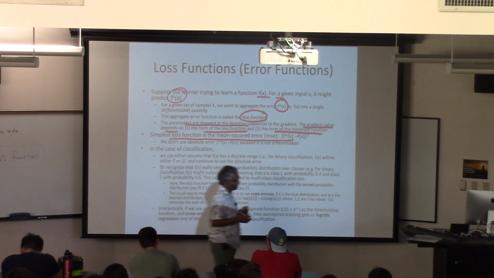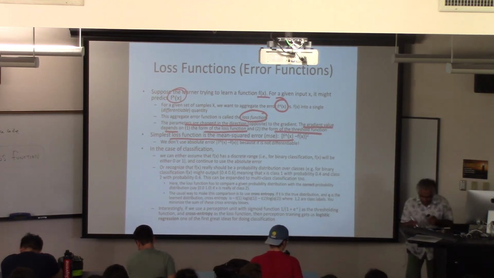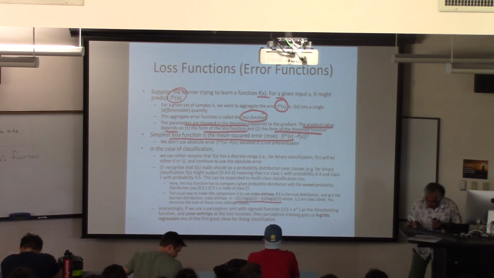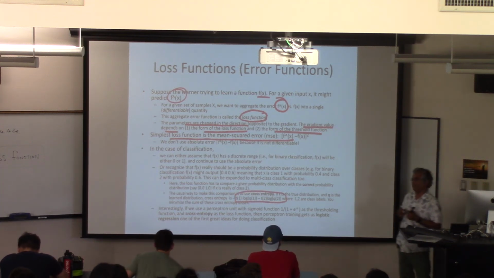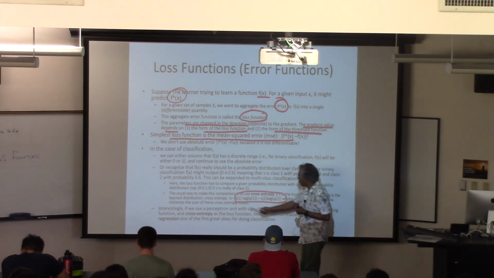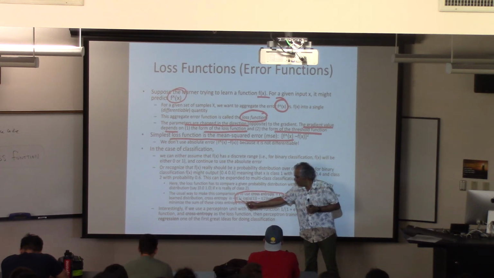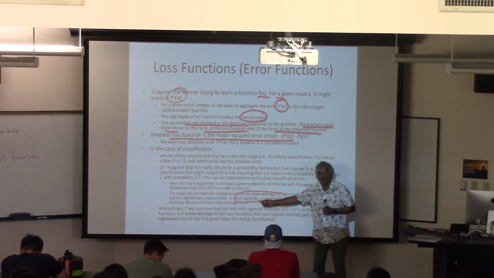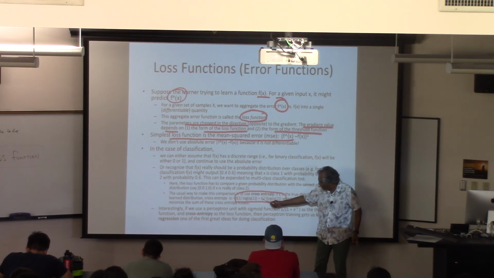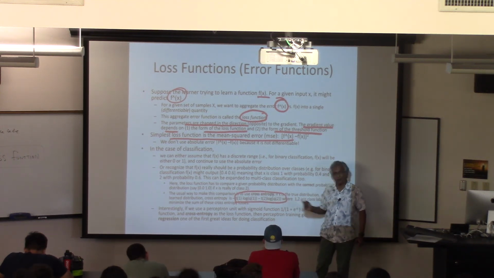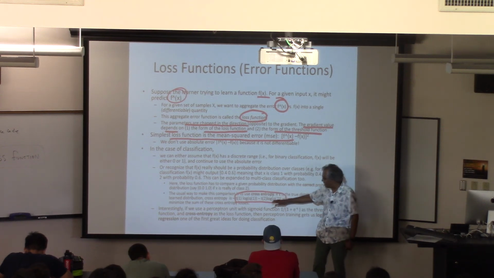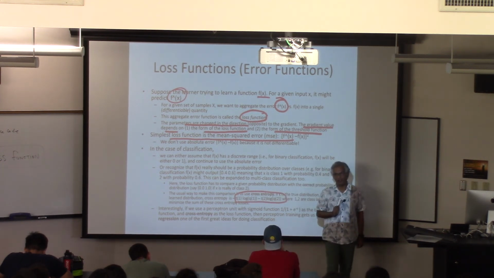And in particular, there is this crazy looking function called cross entropy, which is the true value, the true distribution, times log of the value that you actually computed. And similarly, the second value in terms of the true distribution times the log of the second computed value. We'll go through this again, but I just want you to understand that this is called the cross entropy loss.